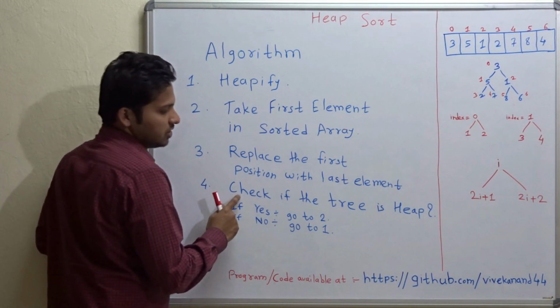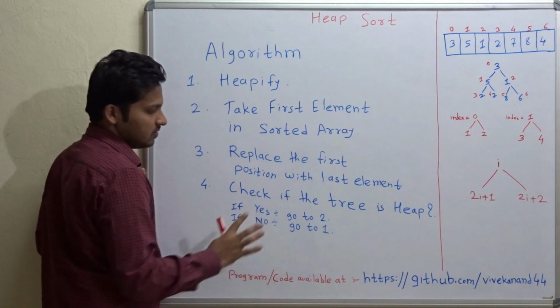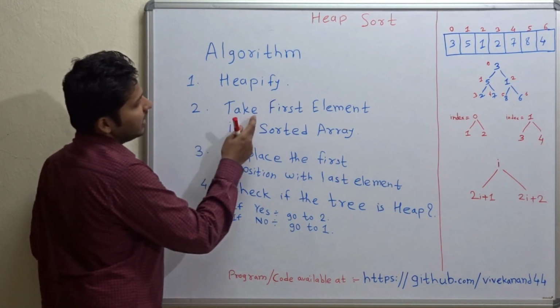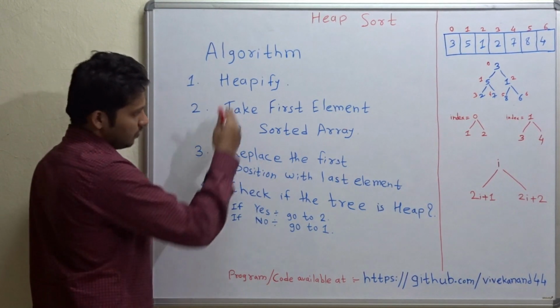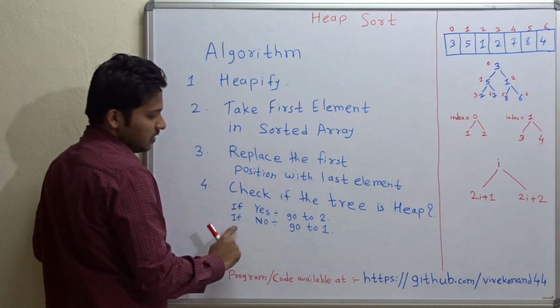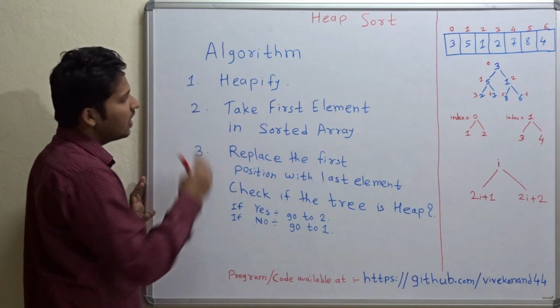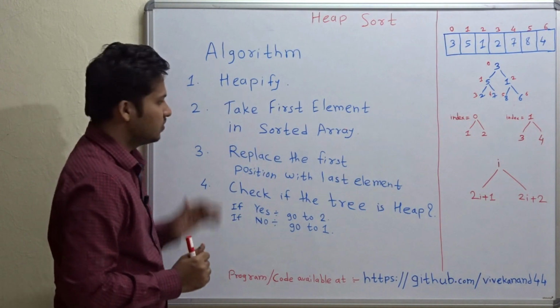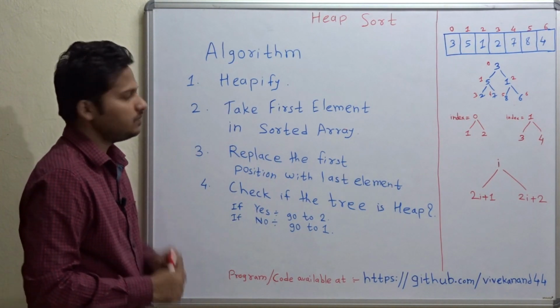That is here, check if the tree is a heap. If yes, it is still a heap, then just go again and take the first element in sorted array and perform the procedure. If no, then go to 1. If it is not a heap, then again heapify and create a heap. So this you have to do until the elements are over.